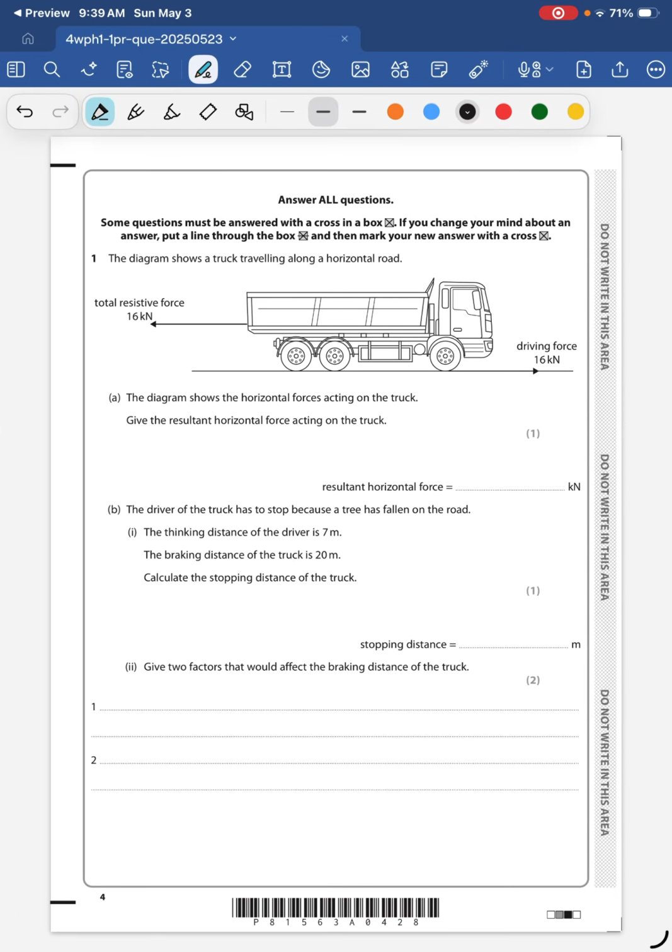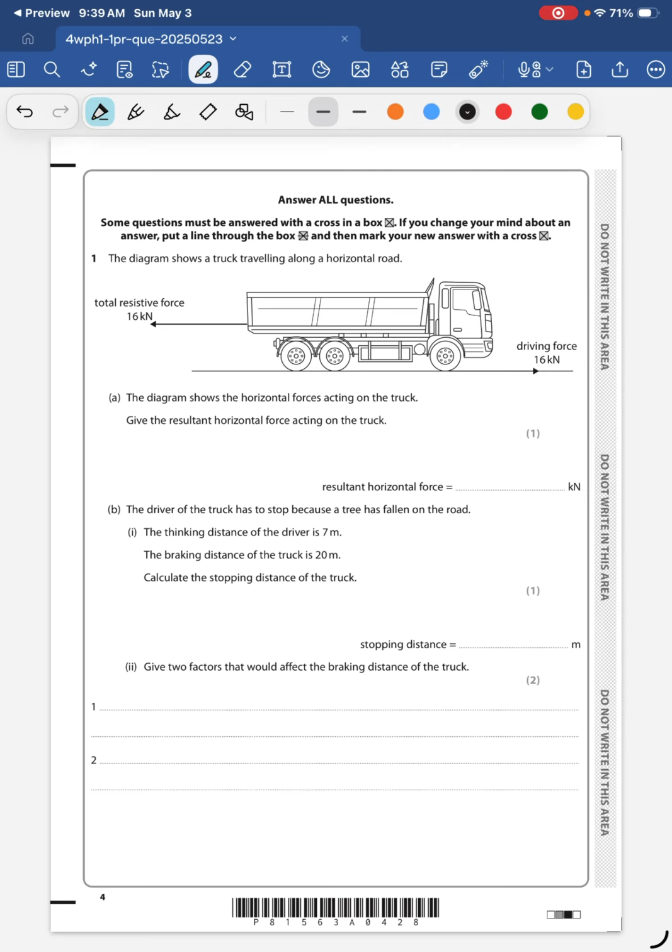Okay, first question. The diagram shows a truck traveling along a horizontal road, and we see there is a driving force of 16,000 newtons, which is 16 kilonewtons, where 1 kilonewton is 1,000 newtons, and a resistive force of 16,000 newtons. Question A: the diagram shows the horizontal forces acting on the truck.